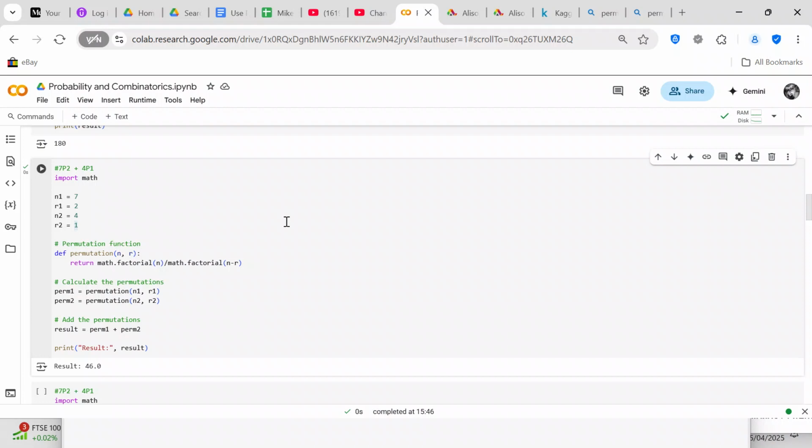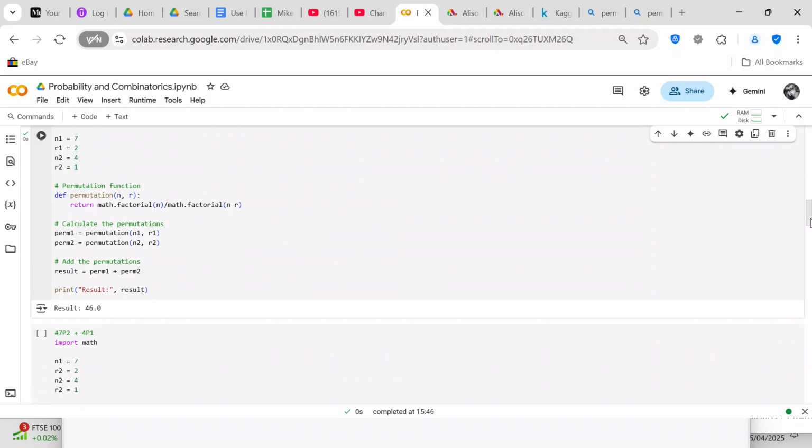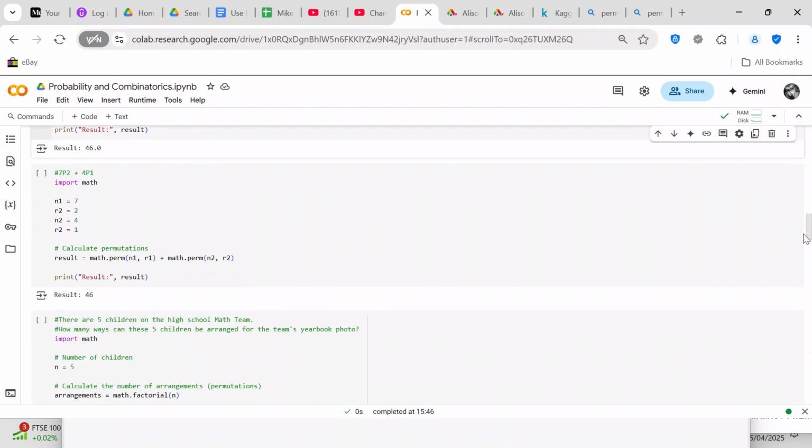And then you're going to have plus, for N2, 4 times 3 times 2 times 1, divided by 4 minus 1 is 3, so it'll be 3 times 2 times 1. And when you calculate all of those, it gives you a result of 46, which Python does for you automatically, so you don't have to calculate it.